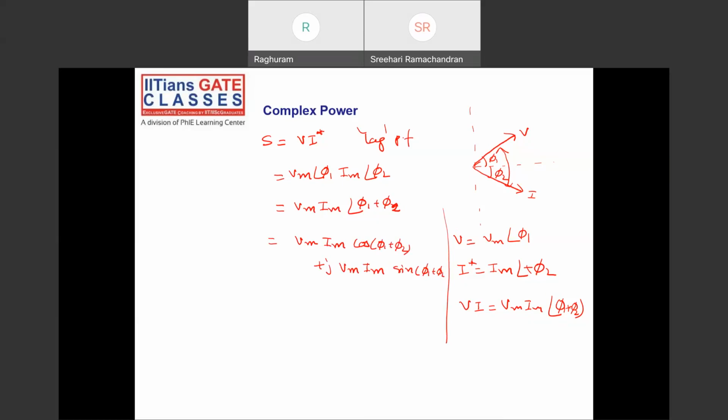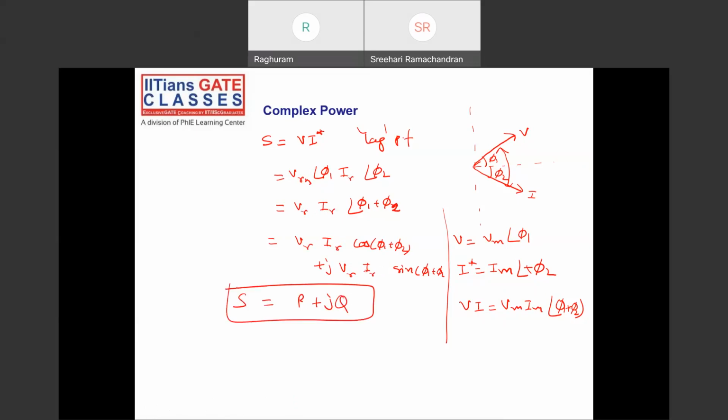These are the maximum values. If I want RMS values, and actually if nothing is mentioned, you can always take them as RMS values, this can be written as P plus jQ.